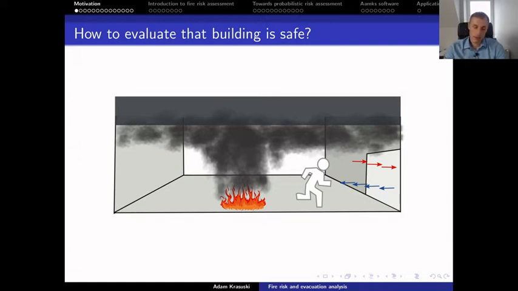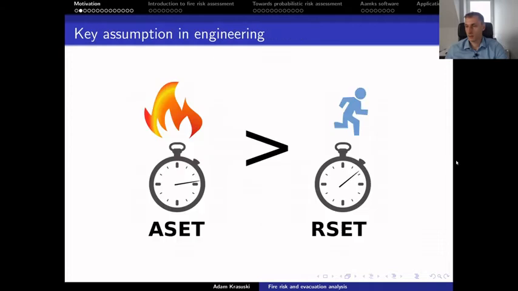In the fire safety engineering domain, there is a key assumption broadly used in the analysis. This assumption says that we may say that building is safe if available safe egress time, ASET, is longer than required safe egress time, RSET.